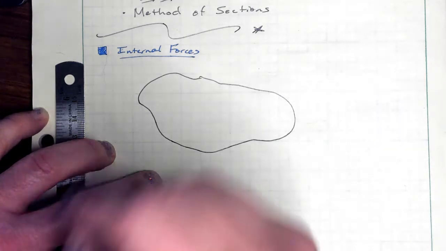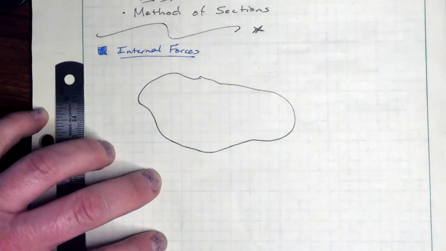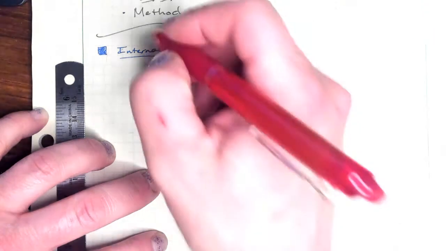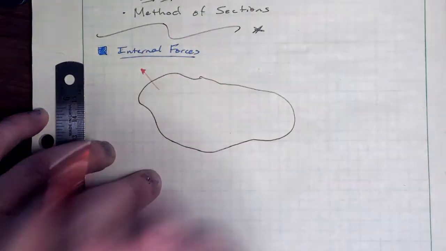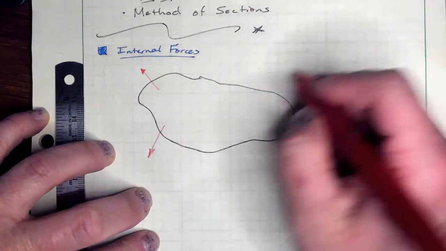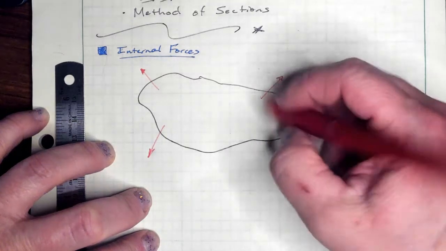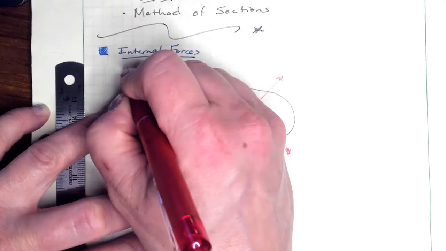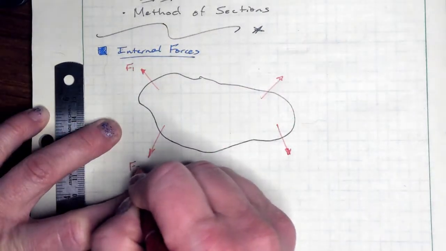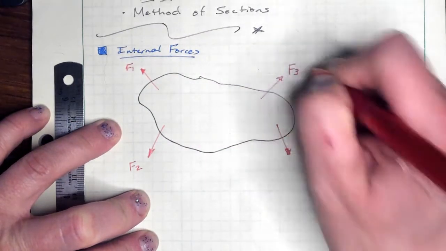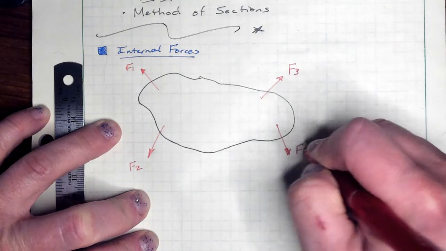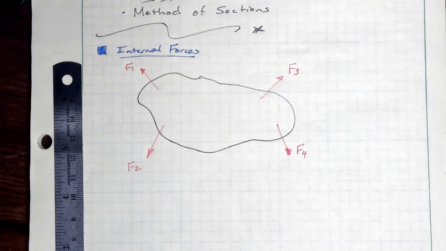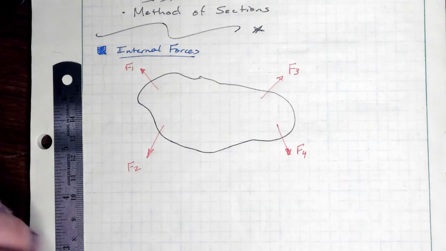All right, and this body has forces acting on it. Let's call them F1, F2, F3, and F4. So I'm drawing a free body diagram here.